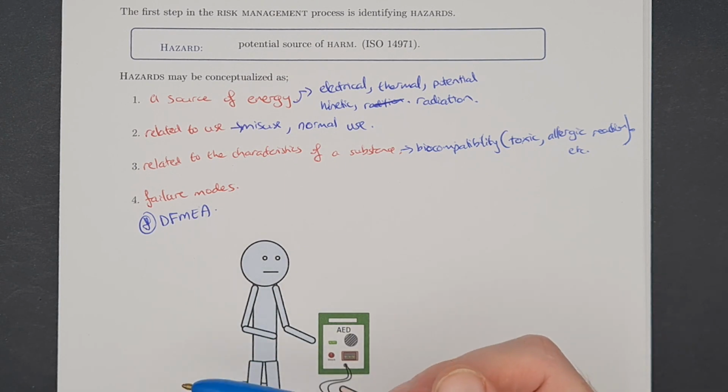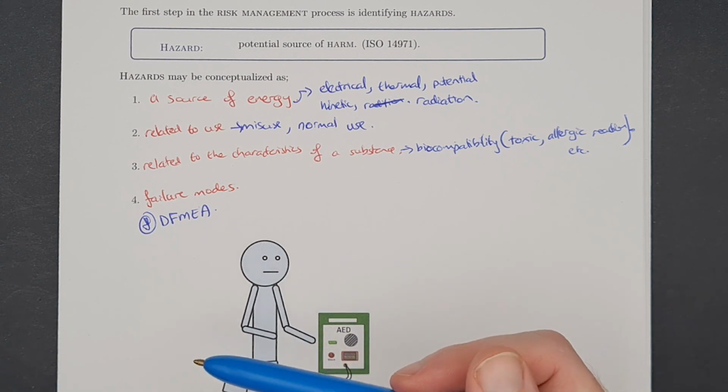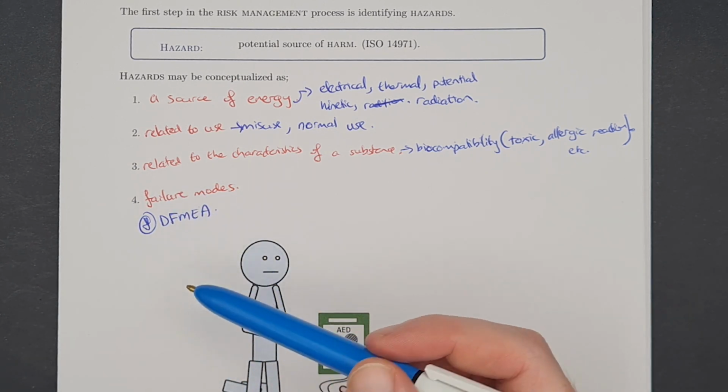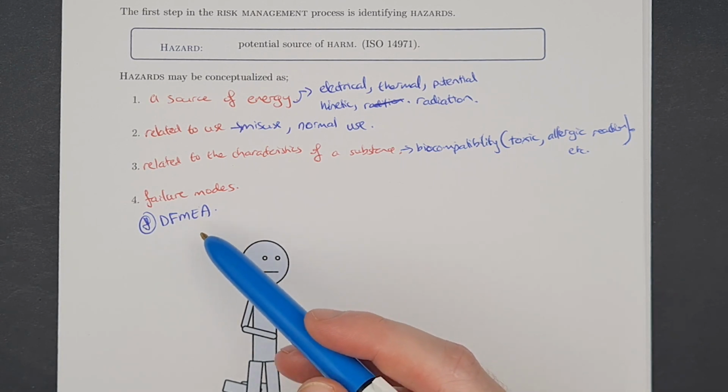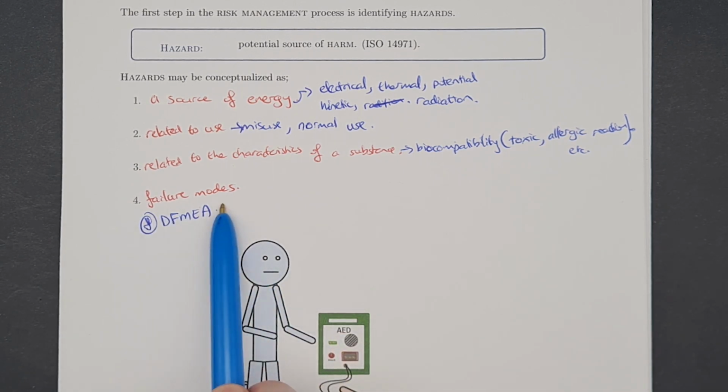You can use that as a basis to start driving risk control measures in your own architecture and requirements to reduce the likelihood of failure modes happening in order to make your device more safe and reliable as well. So that's DFMEA in a nutshell.